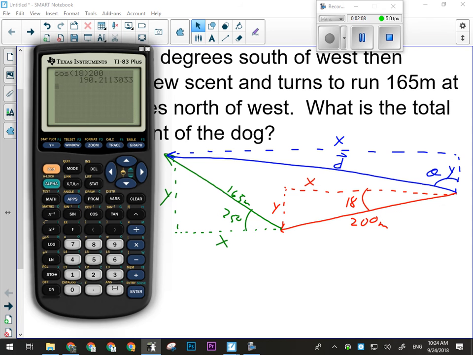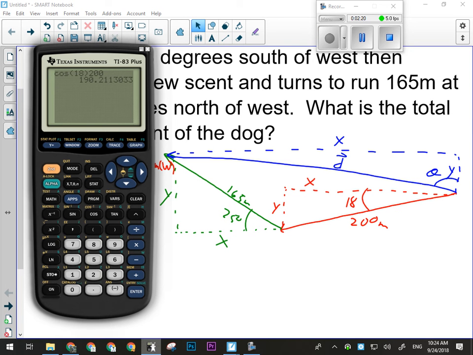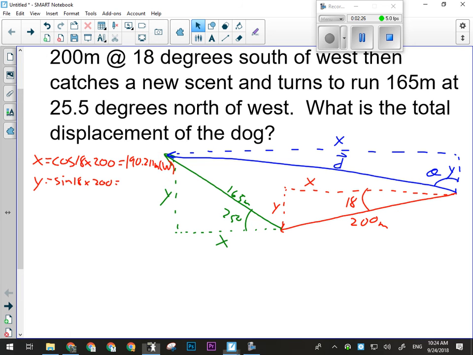All right, so we're looking at 190.211 meters, and that is going to be west. And then for the other one here, I've got sine of 18 times 200 meters is 61.803 meters, and that is south.